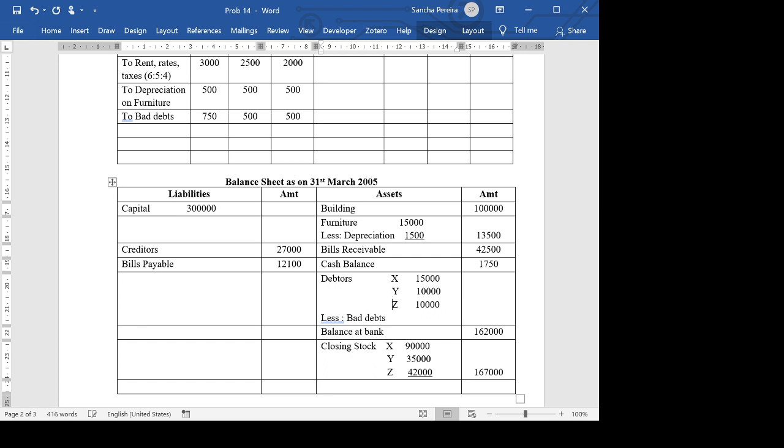So the total bad debts of all the three departments put together comes to 750 plus 500 plus 500, which is 1,750. If you minus that, 35,000 minus 1,750 will be 33,250.